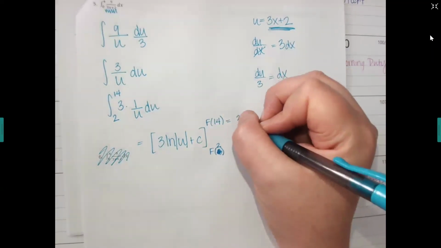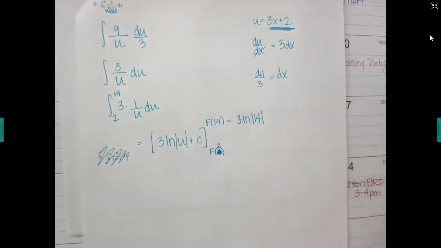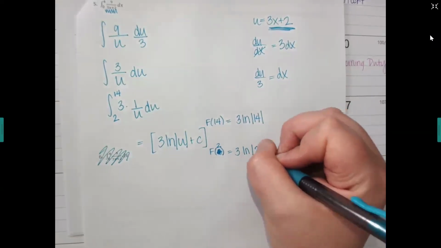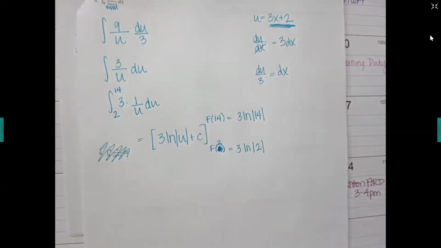14 plugged in is going to be 3 ln absolute value 14. Bottom endpoint is 3 ln absolute value 2. If I have a positive number already, do I need those absolute value bars?